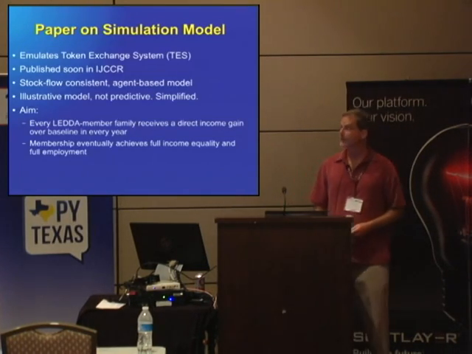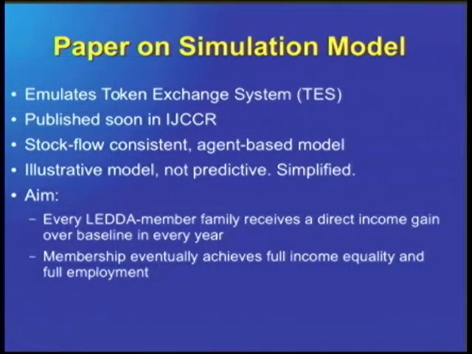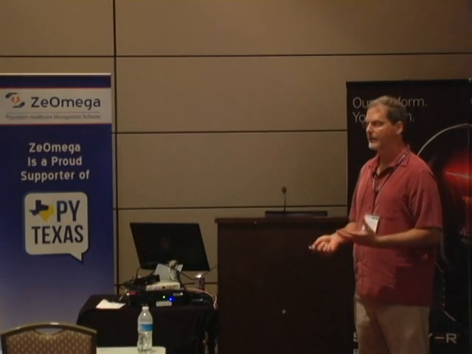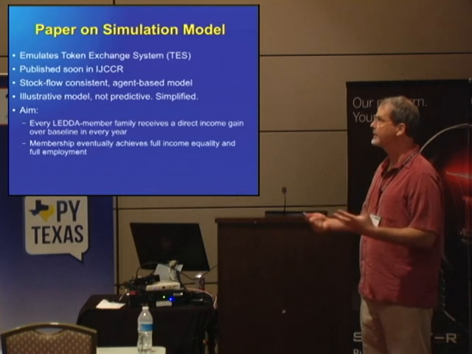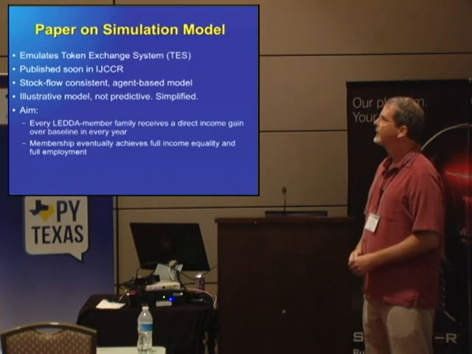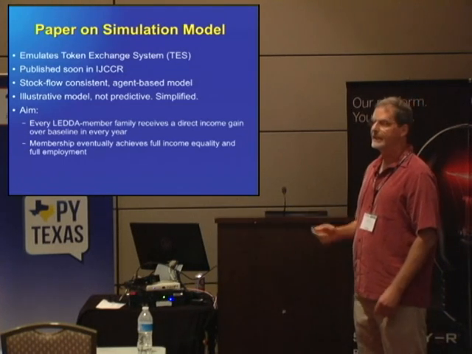The paper on the simulation model will soon be published in the International Journal of Community Currency Research. This is a stock flow consistent model, an agent-based model. It's an illustrative model, not a predictive model. This is just the first step in trying to describe how this system should work. The model emulates the token exchange system, or TES.